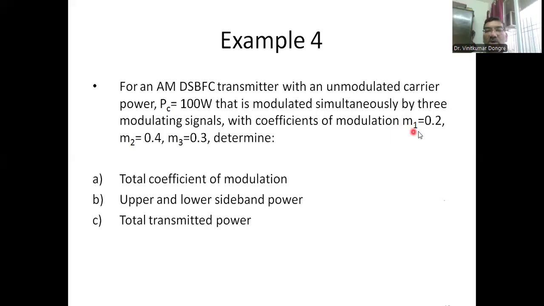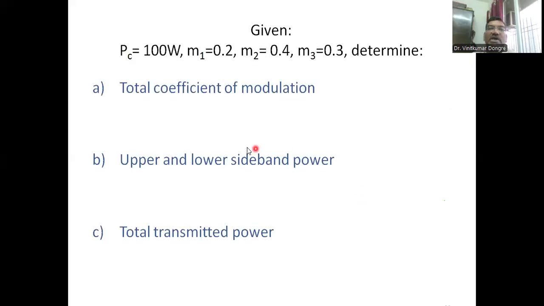You have to take simply the square root of the squares of these three. The upper and lower sideband power and the total transmitted power can be calculated. We'll see how. What are the given parameters? PC equals 100 watt, M1 equals 0.2, M2 equals 0.4, M3 equals 0.3.